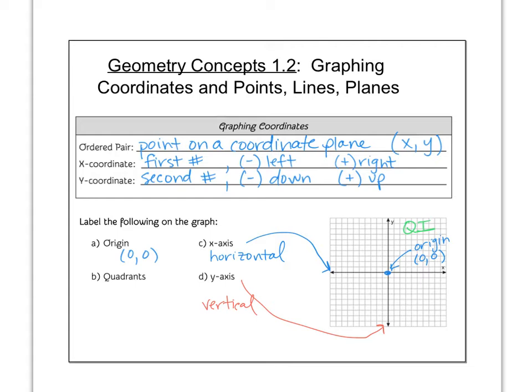The x's are positive and the y's are positive because we go right and up. Quadrant 2 goes counterclockwise. Quadrant 3, continue going around. And quadrant 4, do you know what a Roman numeral 4 is? It's an IV. So we have 4 quadrants, and it's important to remember which ones are which, like where is quadrant 1 and that type of thing.